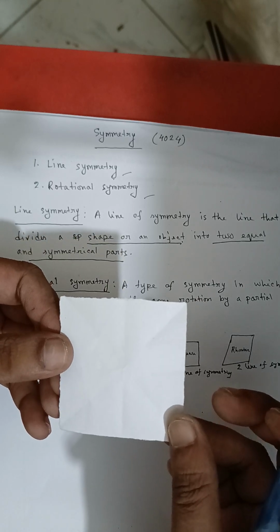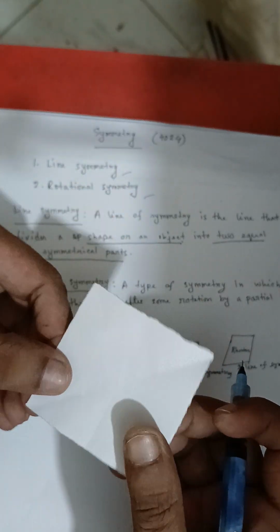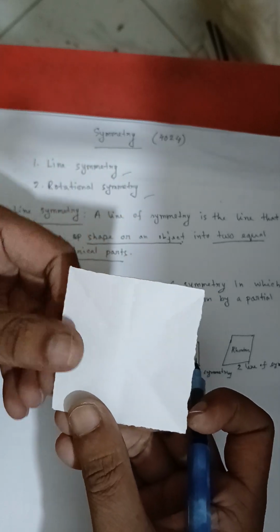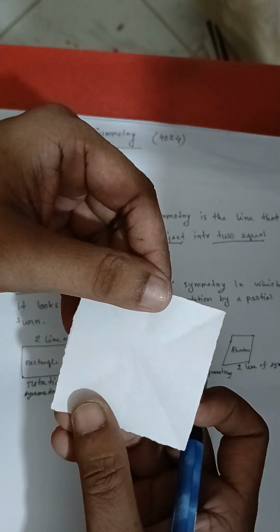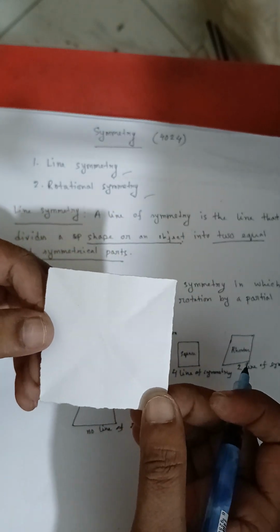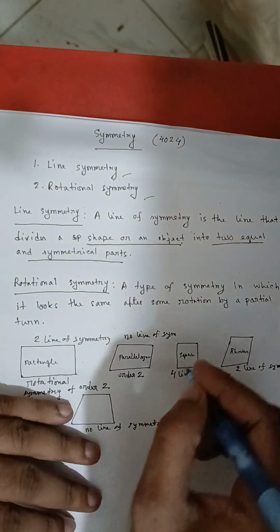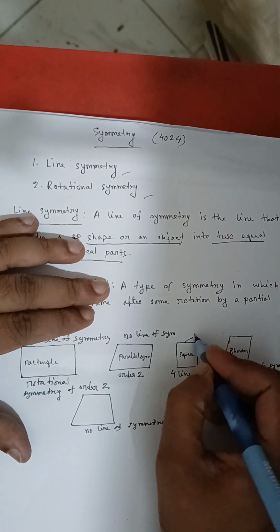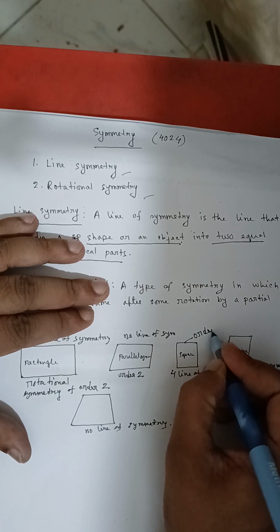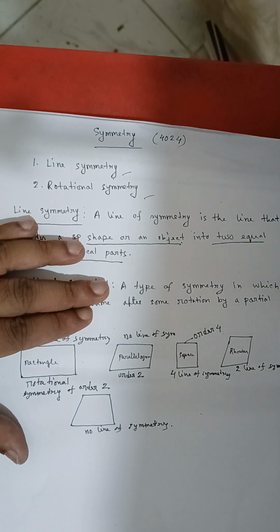Like this one, this one, this one, and that one. For the 4 times, I'm getting the same shape. So I can say rotational symmetry of order 4.